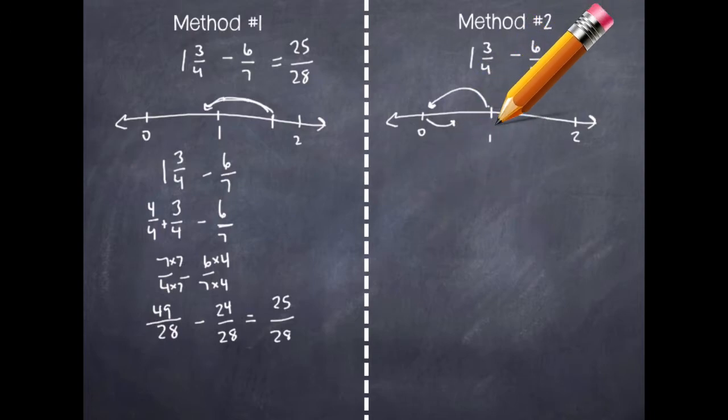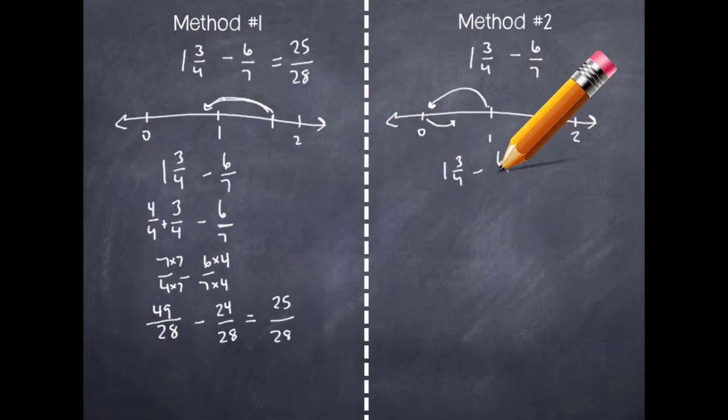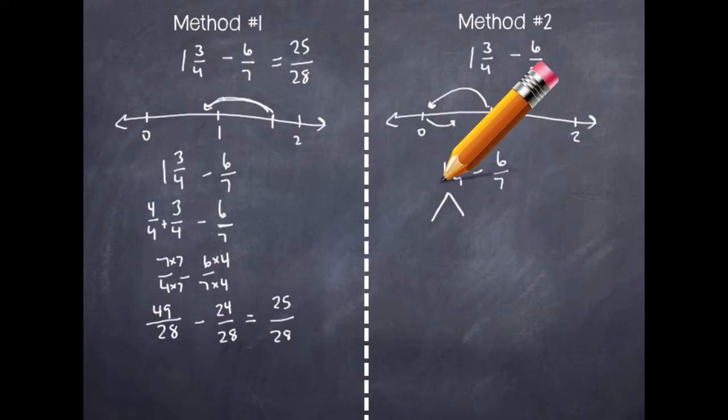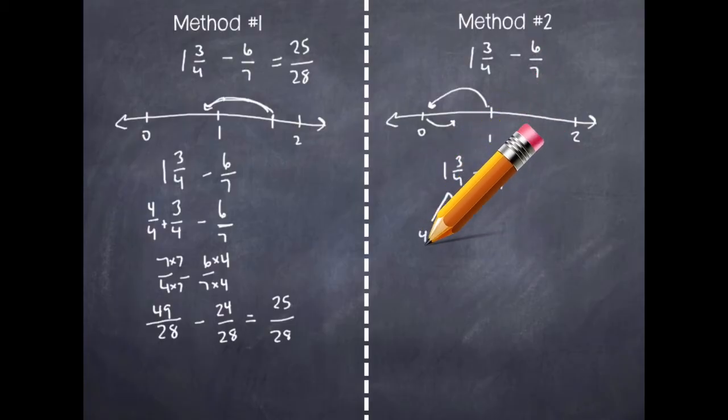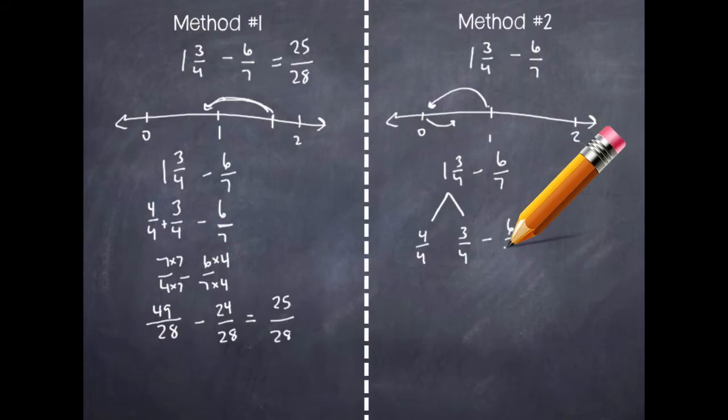So what I mean when I say I'm going to subtract the 6/7 from the 1 is this. I have my 1 and 3/4 minus 6/7, okay? I'm going to actually separate this out here into, think of my 1 whole as 4/4 and my 3/4. 4/4, 3/4 minus 6/7.